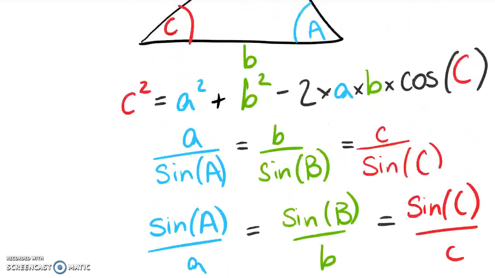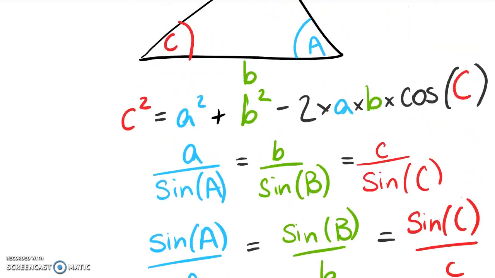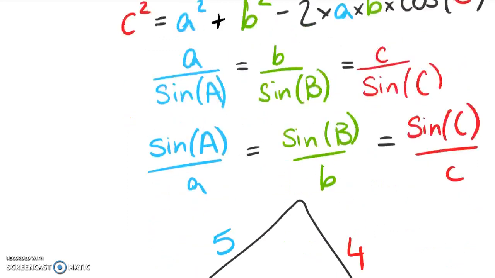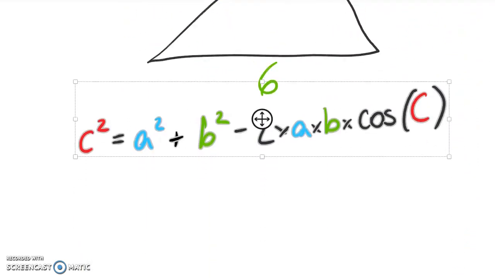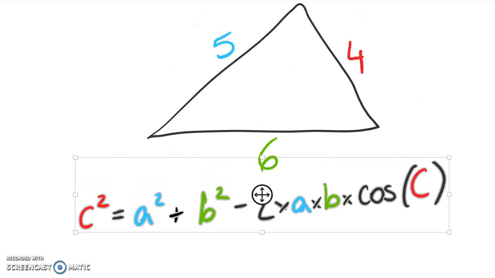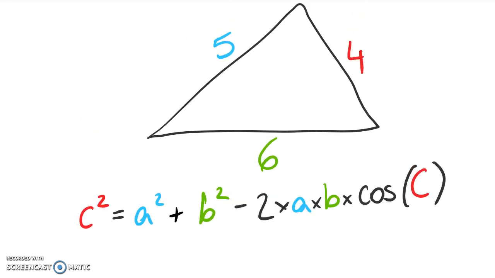Now, our cosine rule we had up here. So let's just grab that. I'm just dragging that one down. Okay, so there's our cosine rule. So we're going to fill in the numbers now.